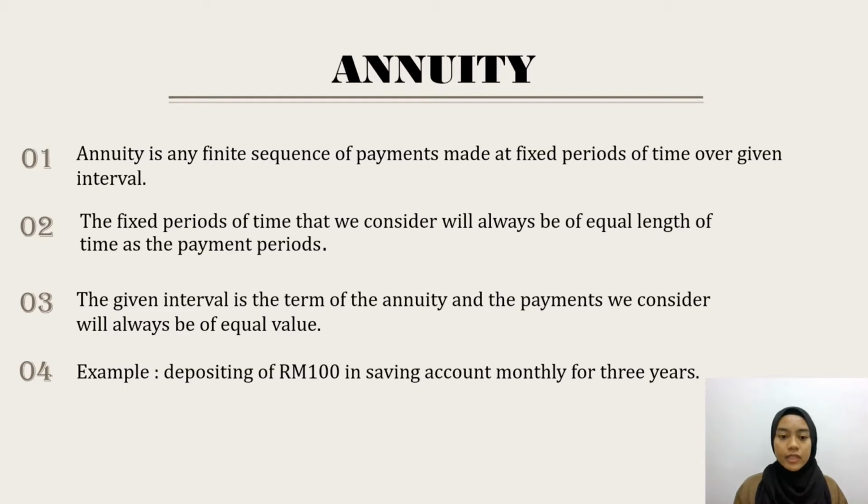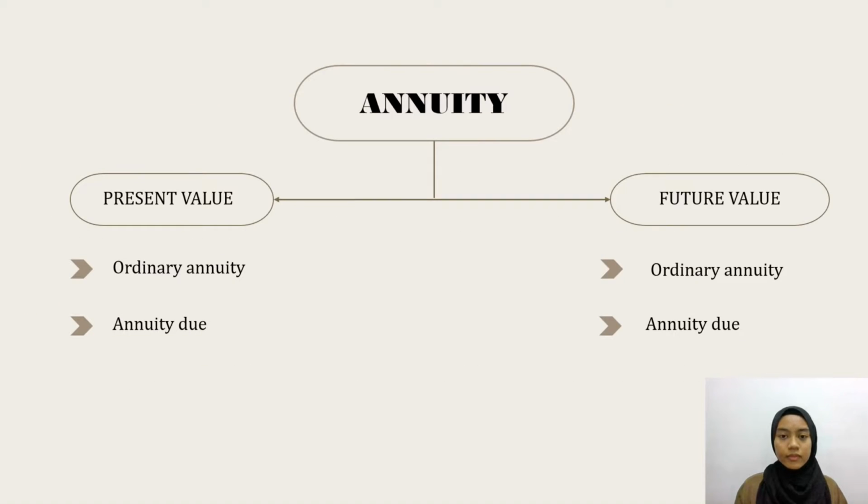Example, depositing RM100 in a savings account monthly for 3 years. So annuity has two types. First is present value and second is future value. For present value, there is present value of ordinary annuity and present value of annuity due, and for future value, there is future value of ordinary annuity and future value of annuity due.